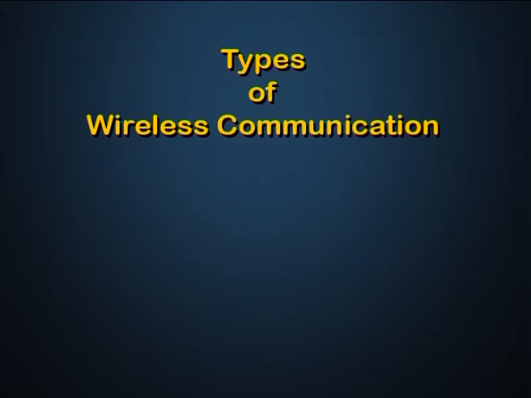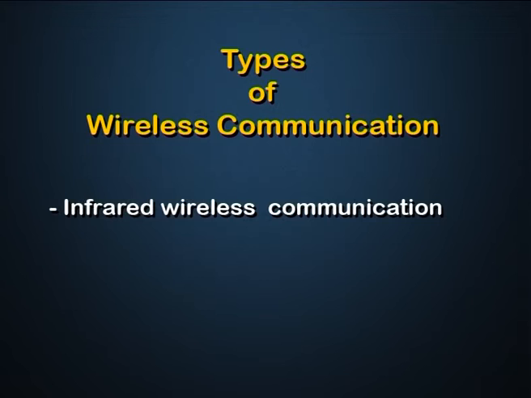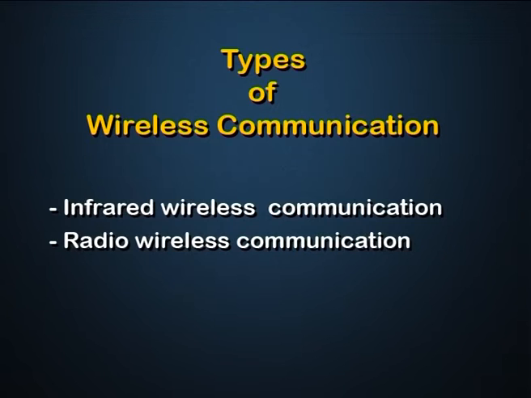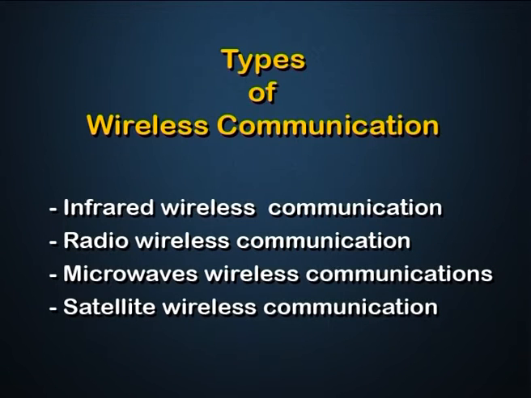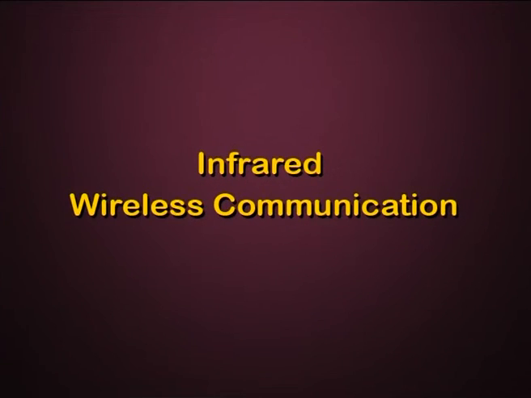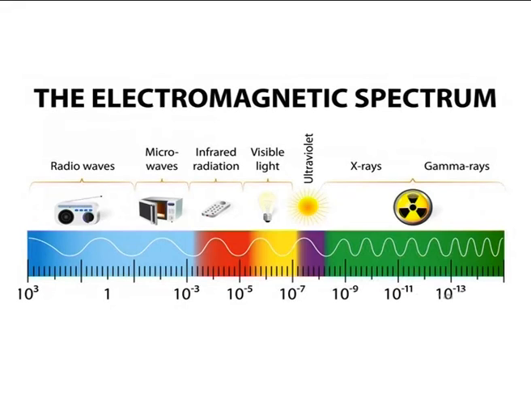Various types of wireless communication are classified on the basis of the technologies used in them: infrared wireless communication, radio wireless communication, microwave wireless communication, and satellite wireless communication. Infrared wireless communication transfers the data or information in the systems using infrared radiations.